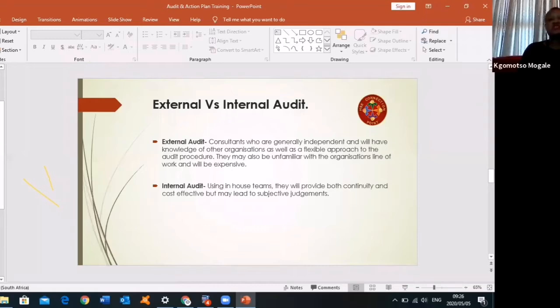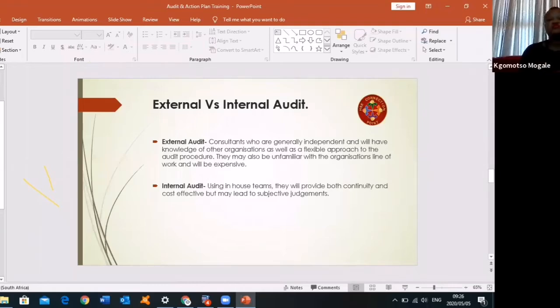Each and every person cannot sometimes give themselves a 50%. We always give ourselves 90-80%, but sometimes we are being biased. So that's why we have to have external people that are qualified to come and measure us as a company, to see whether we are implementing the standards that we set for ourselves in the beginning.